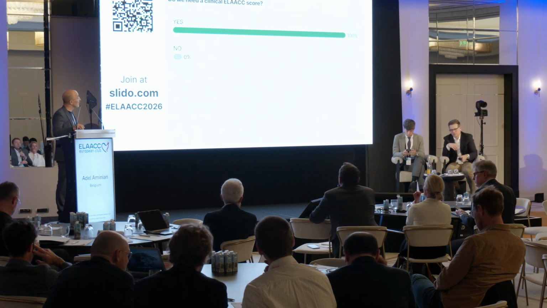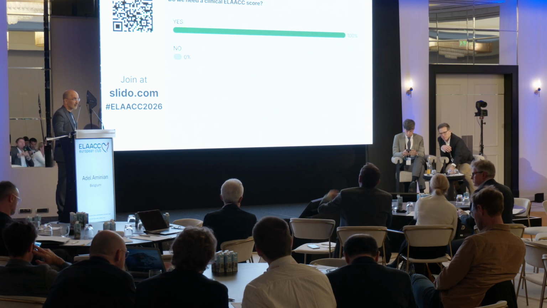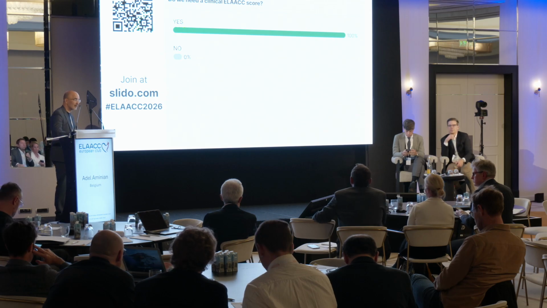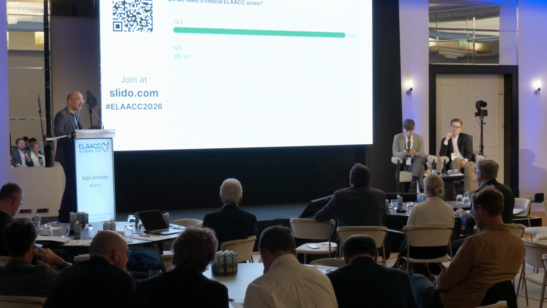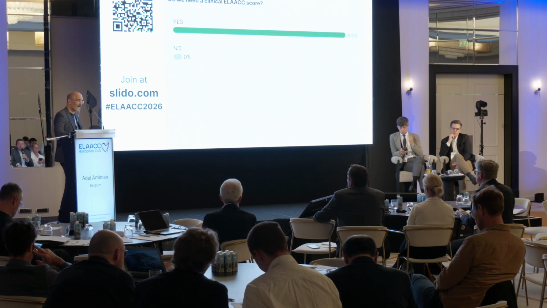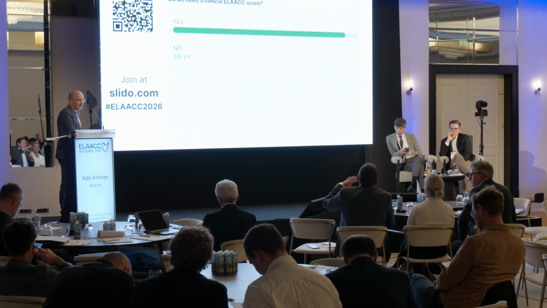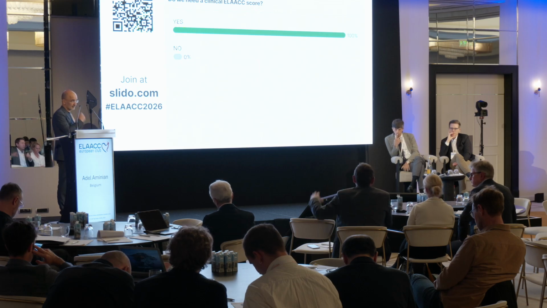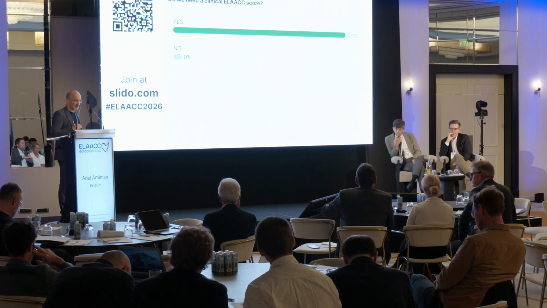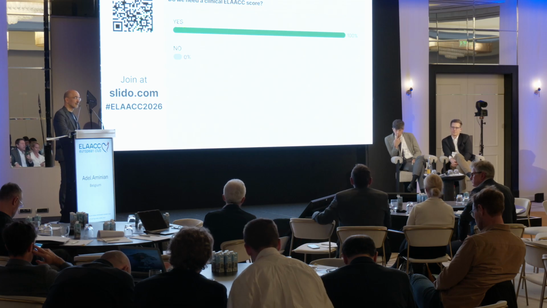I have a comment, Adel. First, while people are answering the questionnaire, I think this is one of the most important presentations of the day, as I told you. We are for the ELAACC, and this year the theme is about patient risk profile.